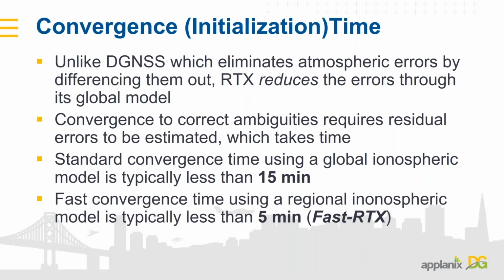So this takes some convergence time, and that's all based on what models are being utilized, so which ionospheric models. If you're in a region that has standard ionospheric models, then typically our convergence times are around 15 minutes before we get full accuracy. And if you're in a fast convergence region, where we have a regional ionospheric model as opposed to just the global one, we get less than 5 minutes of convergence time.